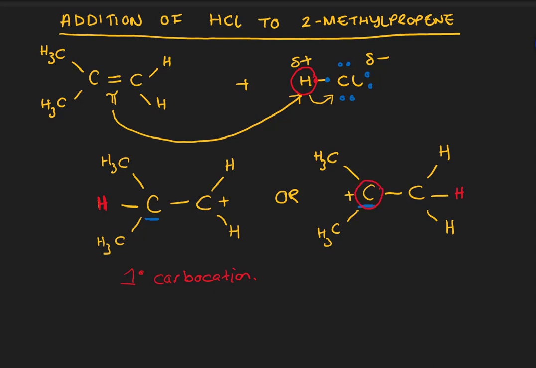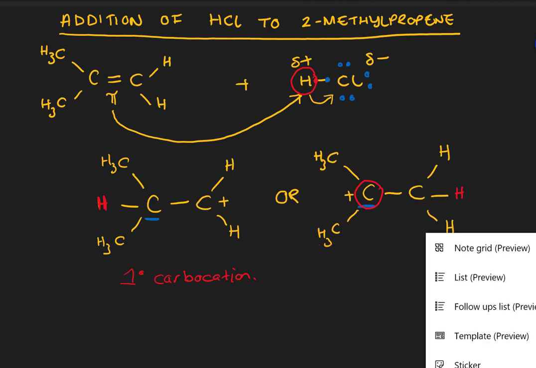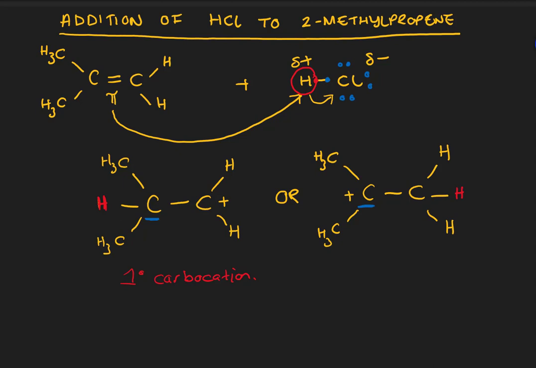Because this carbocation here, highlighted in red now, is bound to 1, 2, 3 carbons directly, that becomes known as a tertiary carbocation. And if we compare a tertiary to a primary carbocation, we know that this is the most stable.